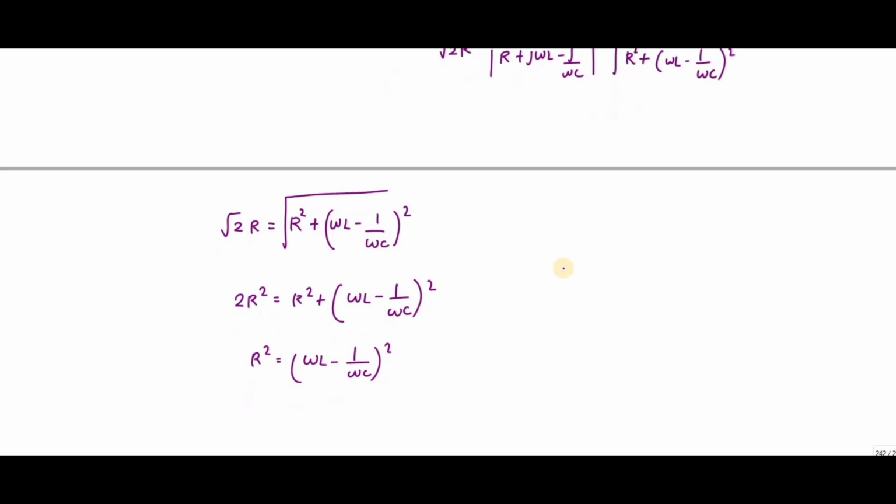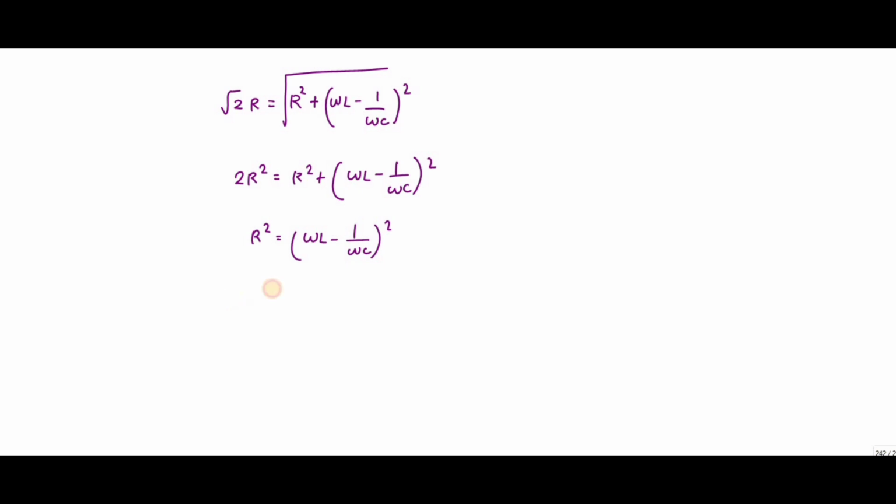Because I can write, taking the root, R is equal to omega L minus 1 divided by omega C. So for omega 1, omega 1 L minus 1 divided by omega 1 C is equal to minus R, because if I take the root of R squared, I will get plus R or minus R. So this has to be plus or minus R. So for omega 1 it is minus R, and for omega 2 it has to be plus R.